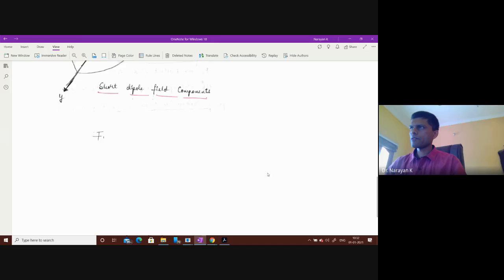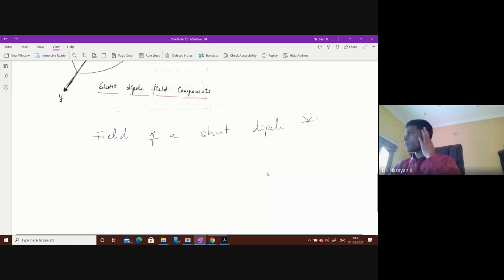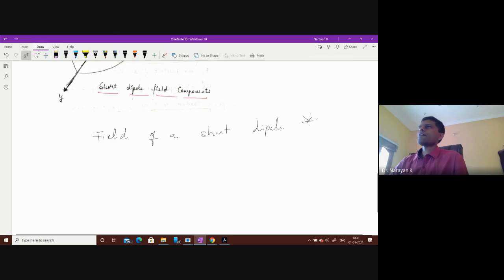This is the field of a short dipole. Now this is very important from your examination point of view. They will tell you to derive an expression for the electric field due to a short electric dipole. So I will write: fields due to a short electric dipole.